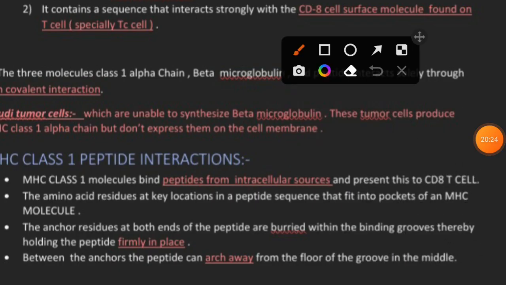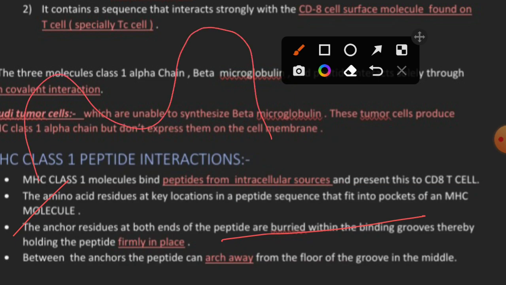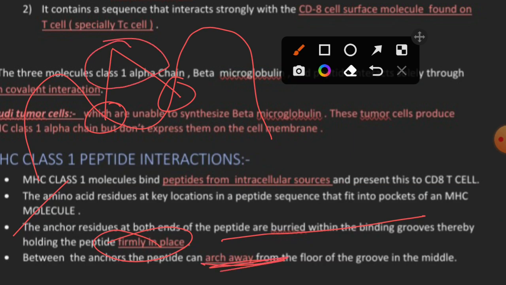And that is what I have written here. The anchor residues at both ends of the peptide are buried within the binding groove, right? And that is how they hold the peptide firmly in place. And between the anchors, the middle part of the peptide will arc away from the floor of the groove.